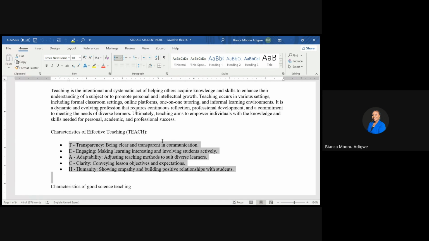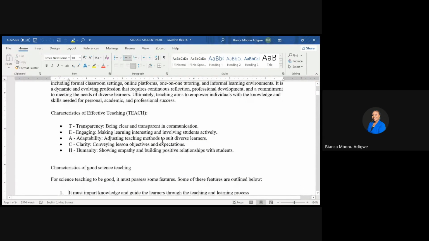And then the last letter there is H, humanity. So you must show empathy. You must try as much as you can to build positive relationships with your students and your children. Characteristics of effective teaching: TEACH. T for transparency, E engaging, A adaptability, C clarity, and H humanity.